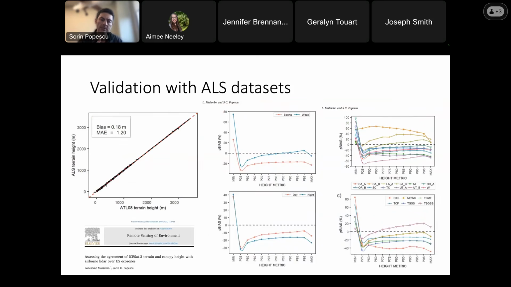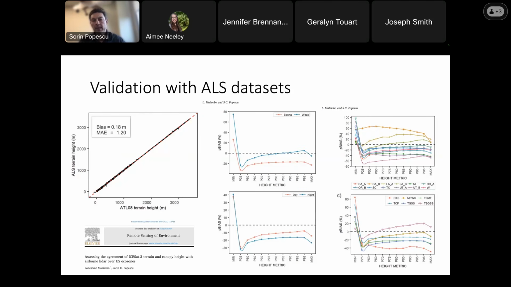Here's a summary of our validation efforts. The bias for terrain height between ATL08 and airborne LiDAR is 18 centimeters with a mean absolute error of 1.2 meters. So really very strong correlation there between photons and airborne LiDAR for characterizing terrain elevation.